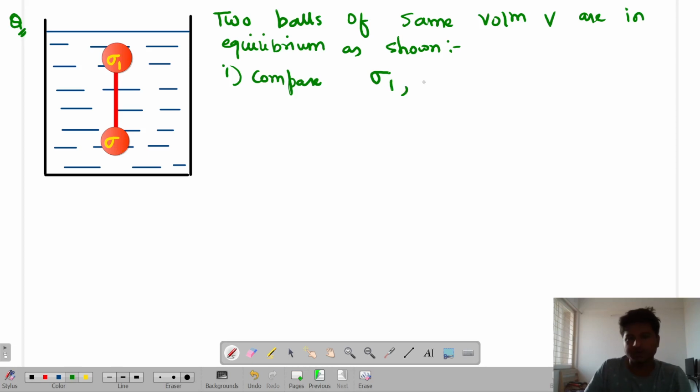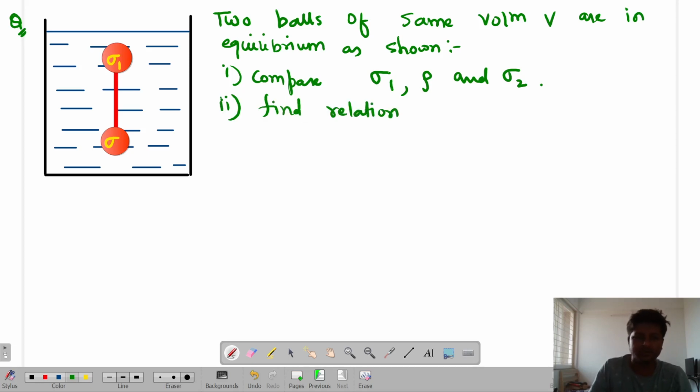Compare sigma one, density rho and sigma two. Second, find relation in sigma 1, sigma 2 and rho.